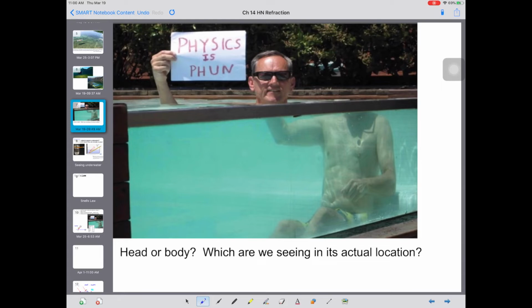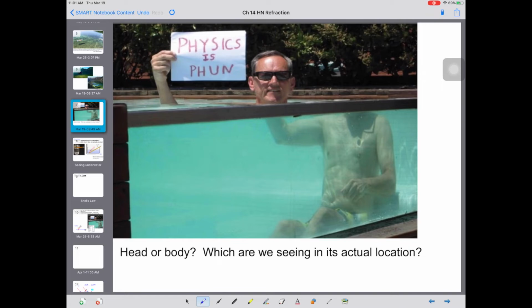For you to see the man's head, light reflects off his head and goes into your eyes through air. So his head and his hand, and the physics is fun sign, you're seeing at their actual locations. The light that's coming into your eyes from his body is reflecting off of his body through water.